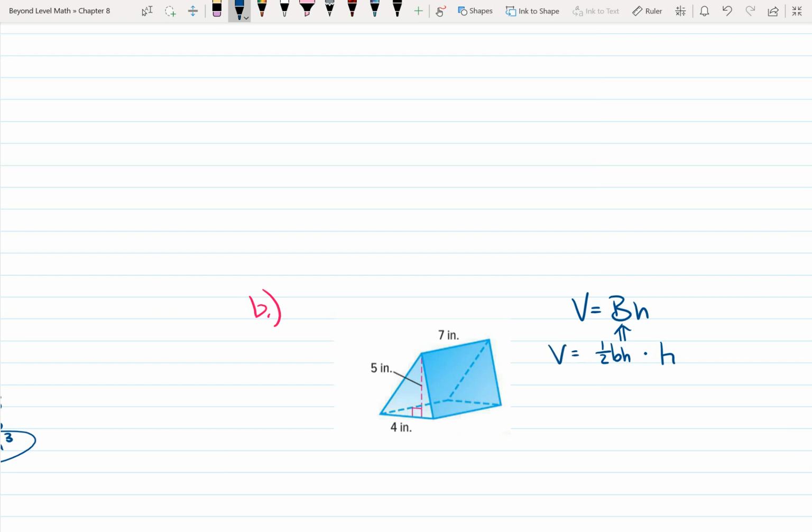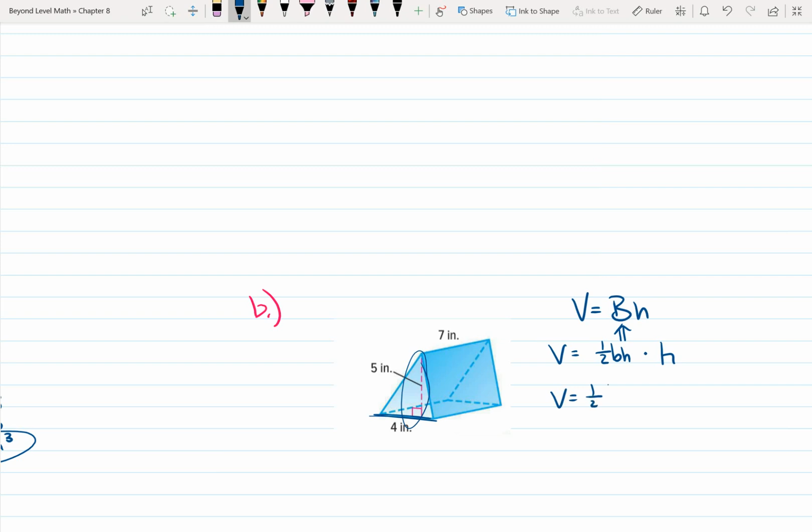So in this case, base of the triangle is this 4, height of the triangle is this 5, and if we flipped it on its base on a table, it would be 7 inches tall, so this is the height of the actual prism.